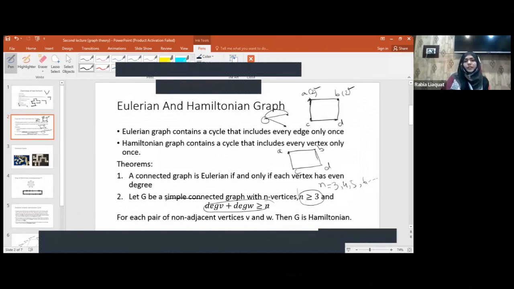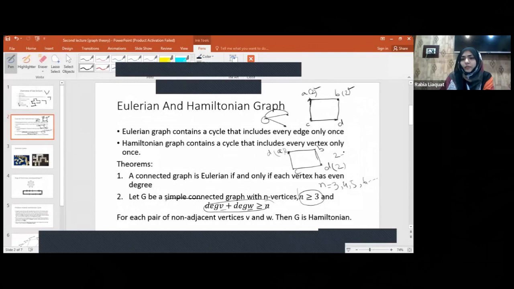This holds for each pair of non-adjacent vertices V and W. For example, A and D, because both are non-adjacent vertices: there is no connection between A and D. So V and W are non-adjacent vertices, and we calculate the degree of V. For example, the degree of A is 2 and the degree of W, meaning the degree of D, is 2.